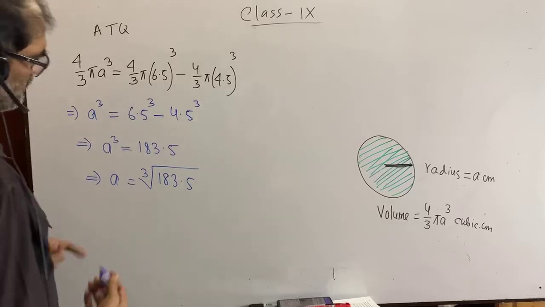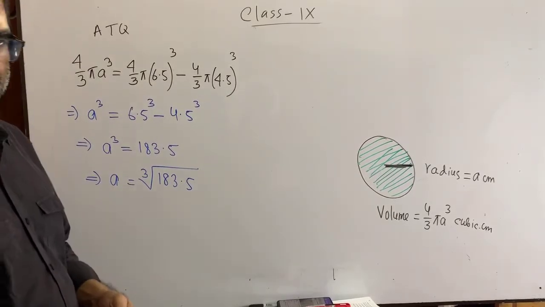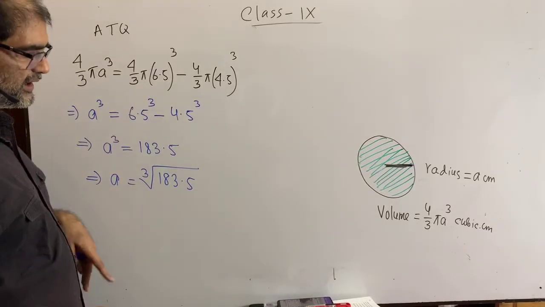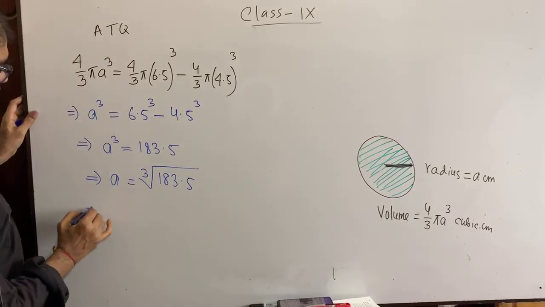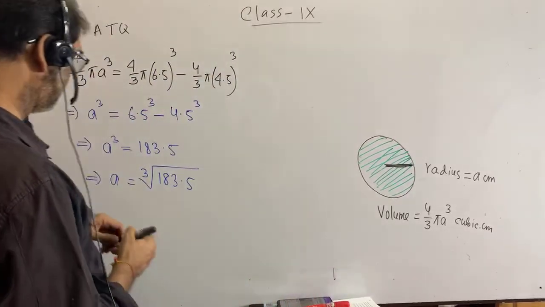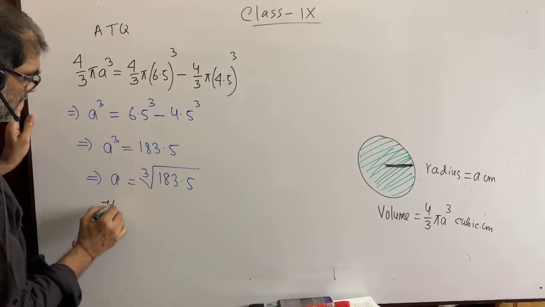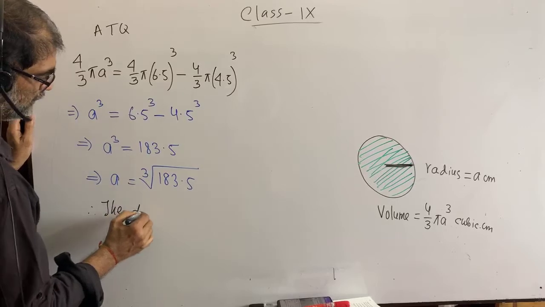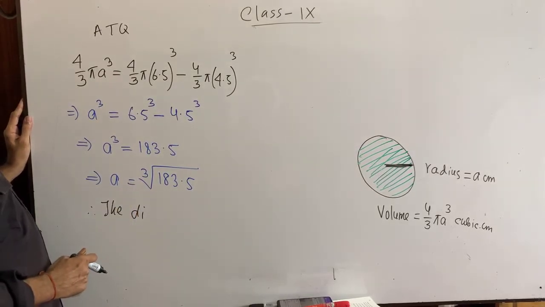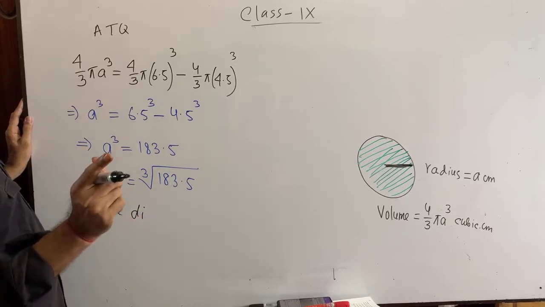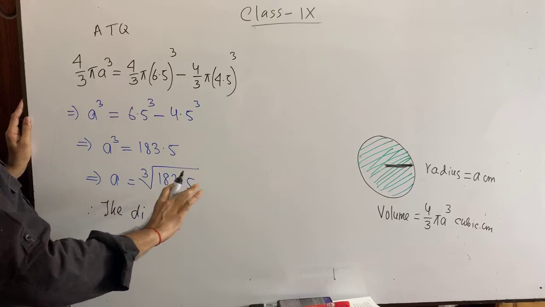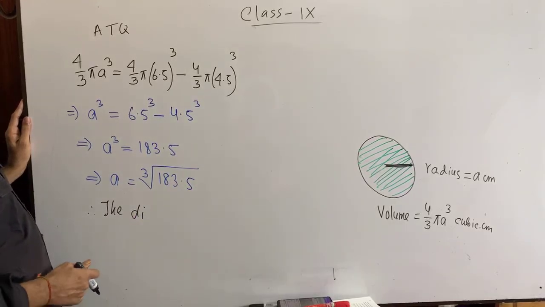But I have to find the diameter of the solid sphere. So what is the formula of diameter? You know, twice the radius. Therefore you can write down the diameter of the solid sphere. You are required not to calculate here, because after calculating you will not get the exact value, since you omit some decimal digits.